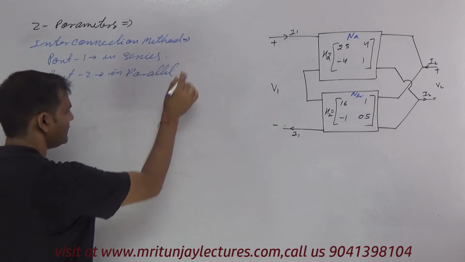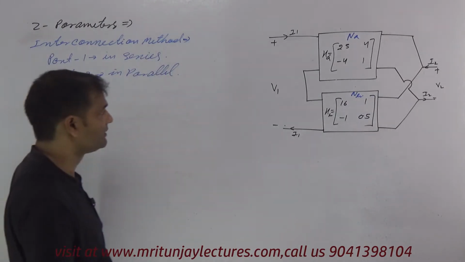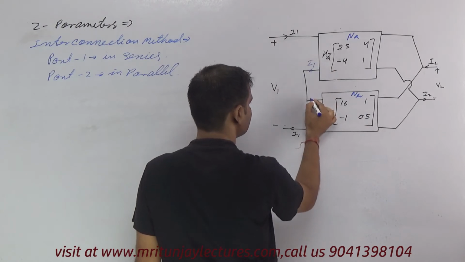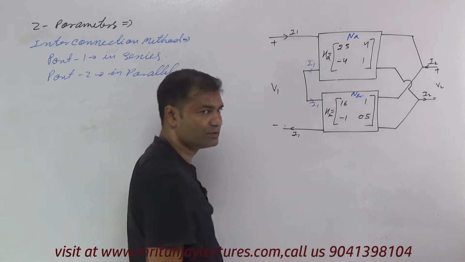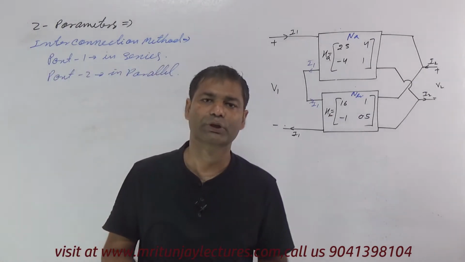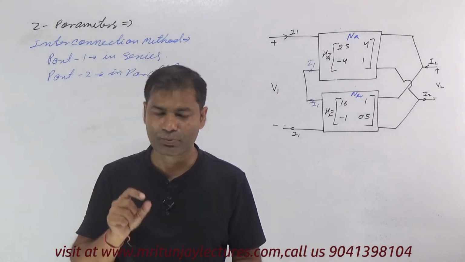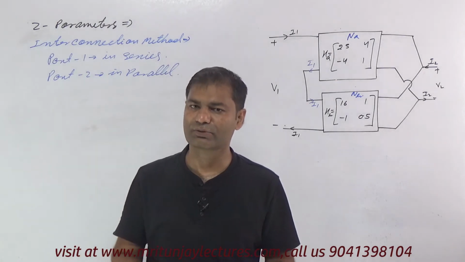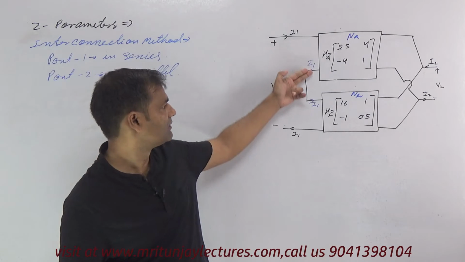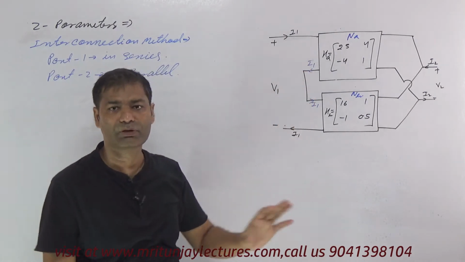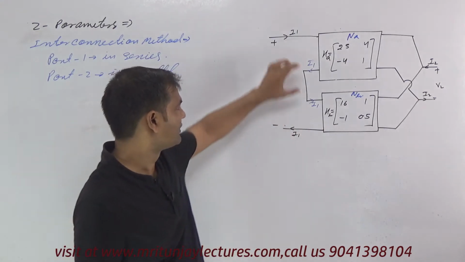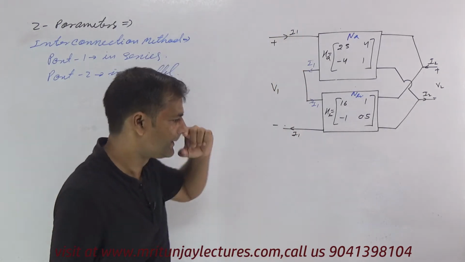Why is port 1 in series? Suppose the current I1 is the same here and the same here. If two networks are in series, then in both networks the current is the same, I1, and the voltages are different, so you can connect this one and this one.